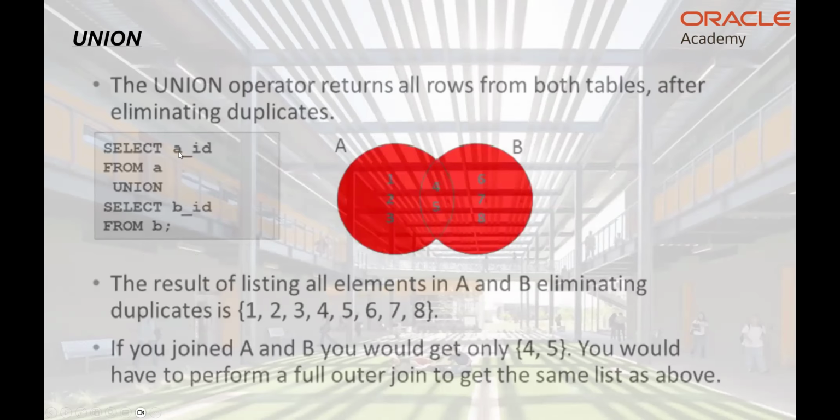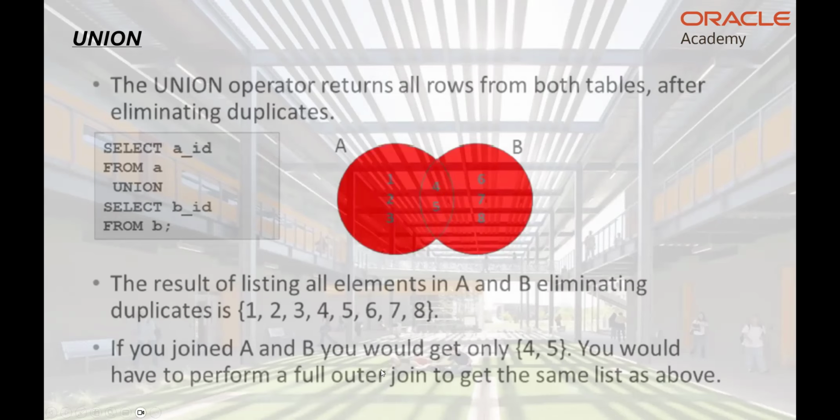This is the syntax: these are our tables, AID is our column, we have our first table, and union is the keyword for your set operator. The result would just list the eight numbers without any duplicates: 1, 2, 3, 4, 5, 6, 7, 8.